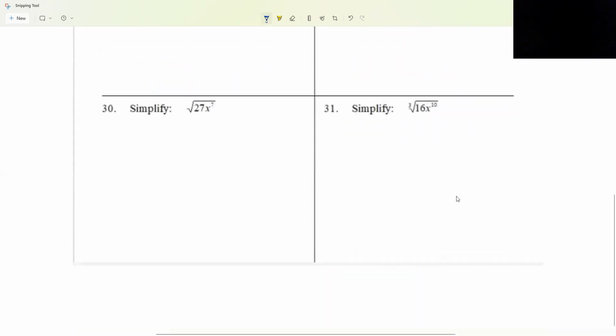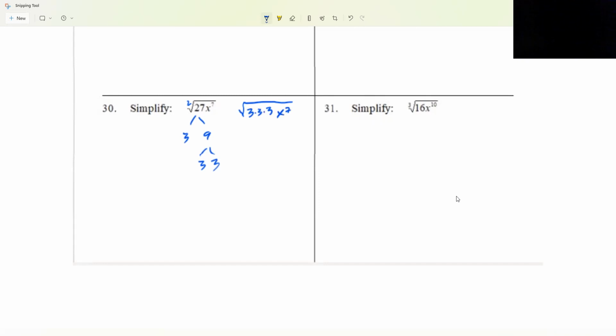When you get down here to 30, all you're going to do is simplify these radicals. Not a big deal. The index here is 2, so you're taking the square root. Well, you can't take the square root of 27, so we're going to prime factor it: 3 and 9, 3 and 3. Now I've got 3 times 3 times 3, x to the 7th.